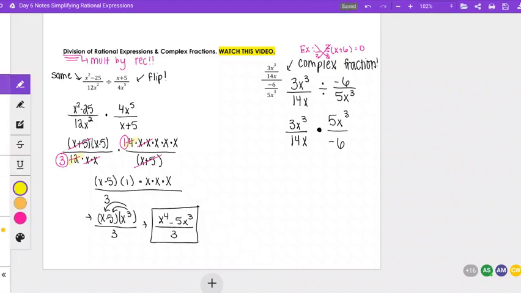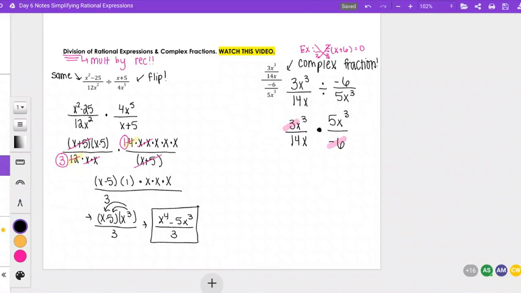So let's take a look at what we can split up. You totally still have the ability to write out x cubed 3 times, but I think we're past that point. We know 3 and negative 6 reduces down to 1 x cubed over 14x times 5x cubed over negative 2.